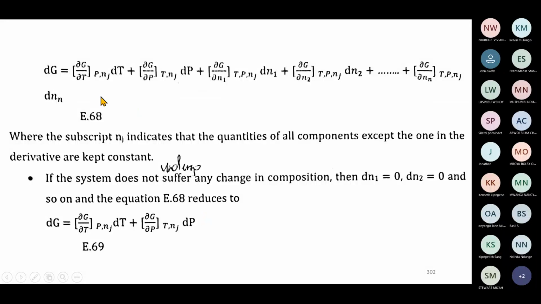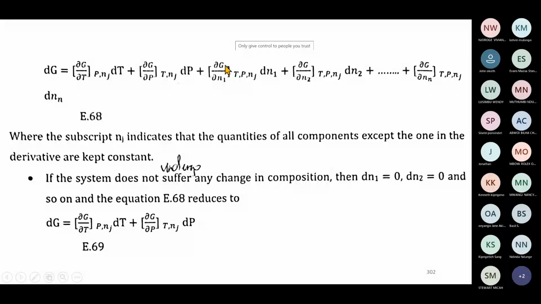First of all, you differentiate it with respect to temperature, keeping all the other variables constant. Nj here represents the quantities of all components except one in the derivative. And then here you differentiate it with respect to pressure, keeping temperature and the quantity of the components constant.